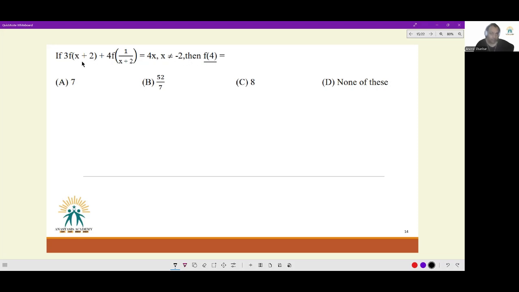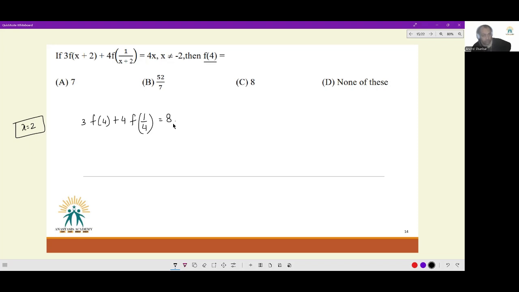X has to be equal to 2. So we will have 3 times of f of 4 plus 4 times of f of 1 by 4 is going to be equal to 4 times of 2. This is going to be equal to 8.